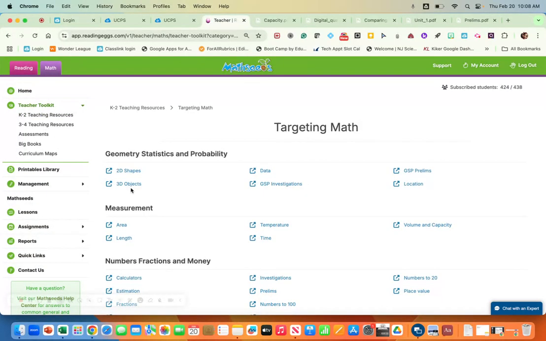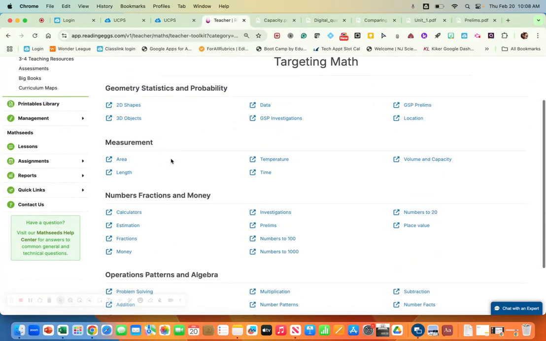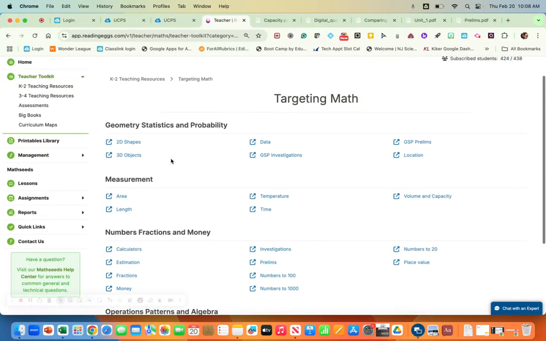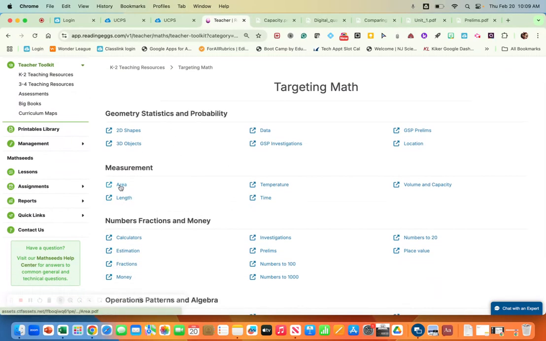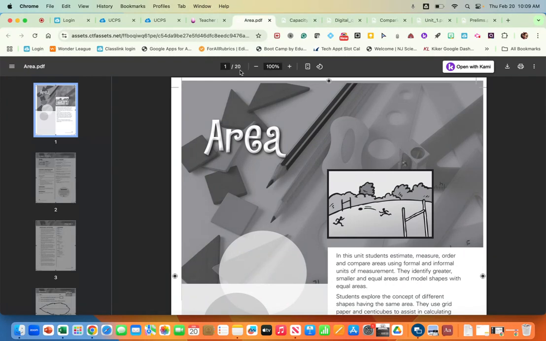Arrowing back, we have targeting math. These are almost like whole units in themselves. These are the topics, which are sort of correlated to our standards and domains, and then you can come down and click on any one. If we wanted to do, say, area measurement, click on that. There are 20 pages.